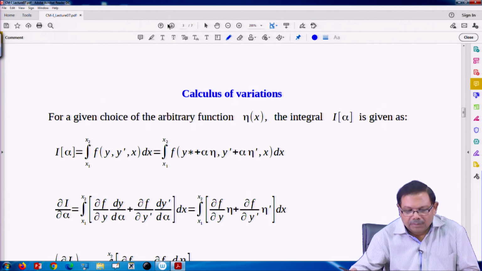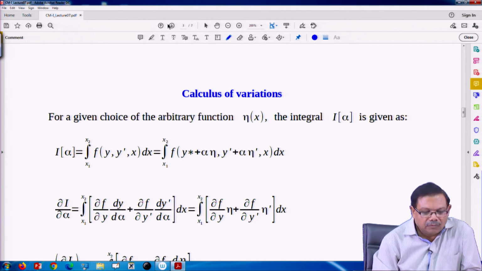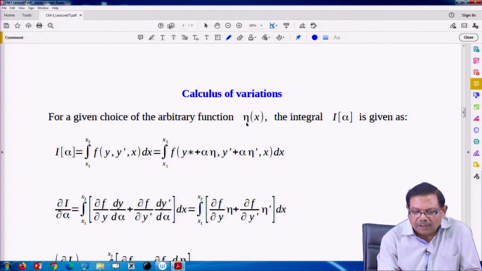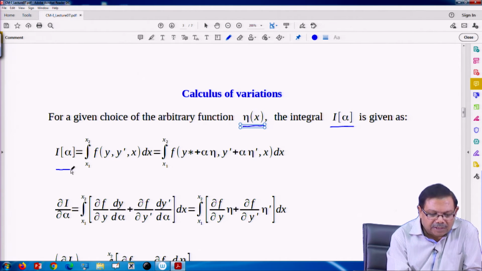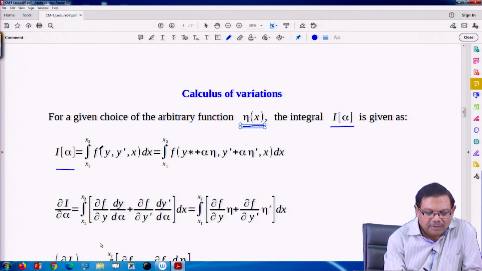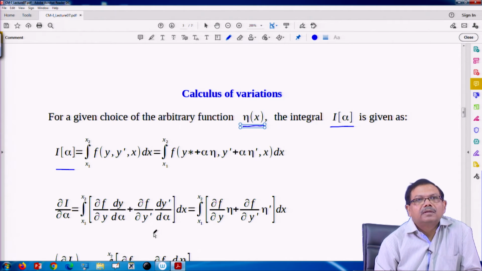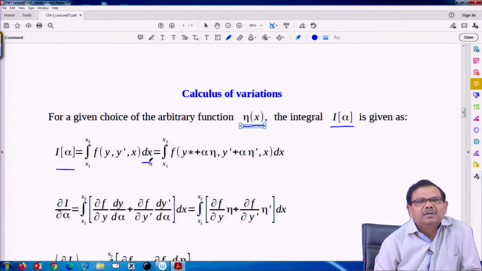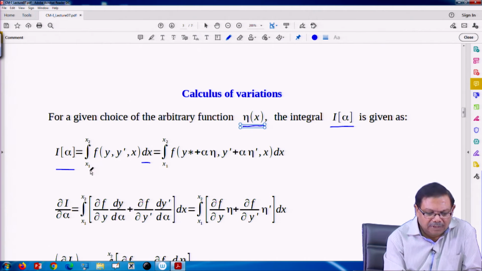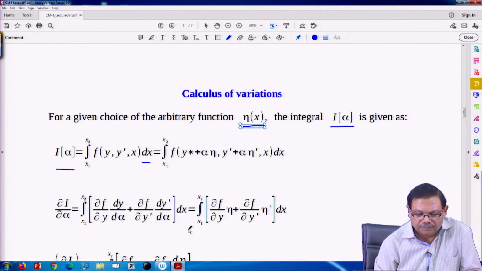Okay. So, now for a given choice of arbitrary function eta(x), the integral I(alpha) is the integral of a function f which depends on y, y prime and x, integrated over dx from a point x1 to x2.